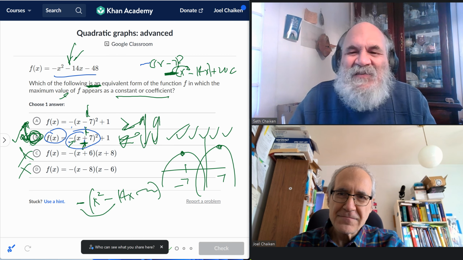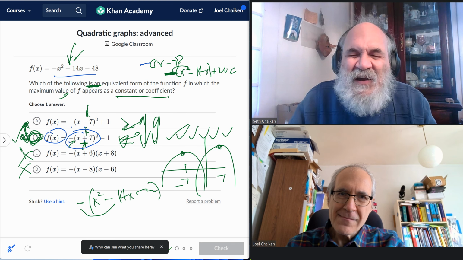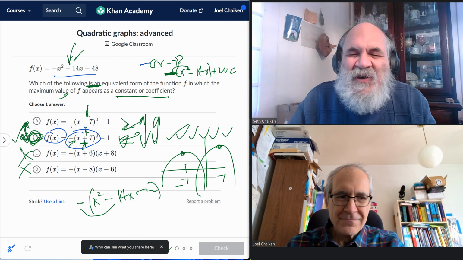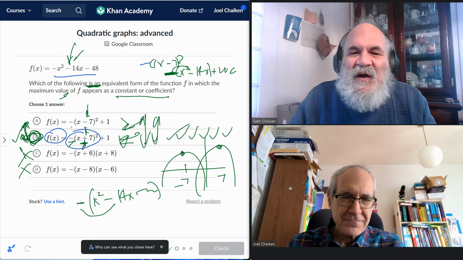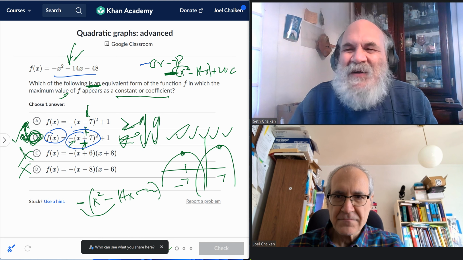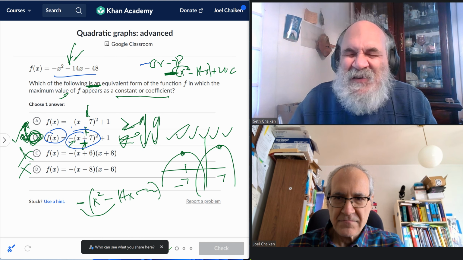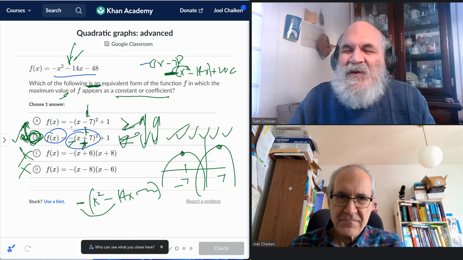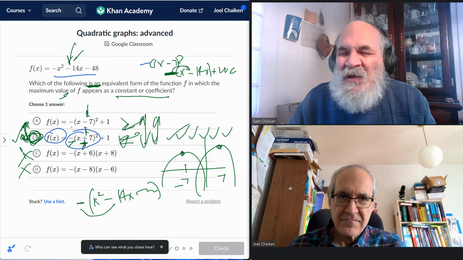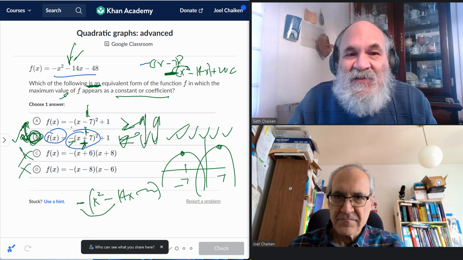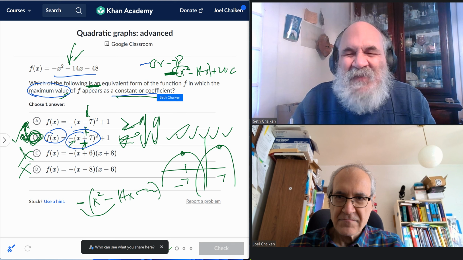What I missed is that there's at least one expression among A, B, C, and D that is equivalent to the given one. And your job, which I missed, is to find the one out of only one or out of more than one that is equivalent and in which the maximum value appears as a constant or coefficient.